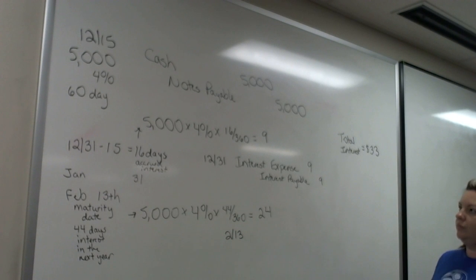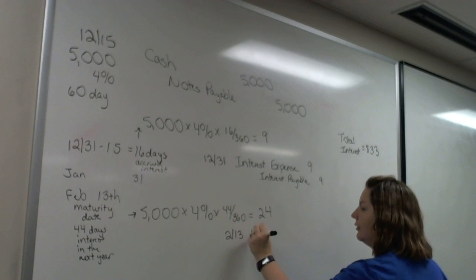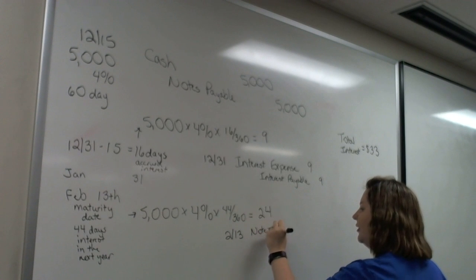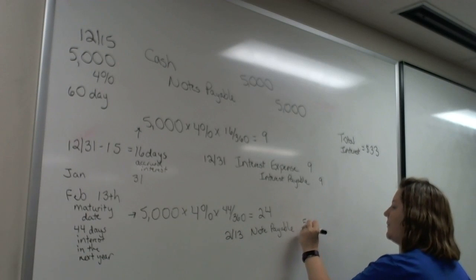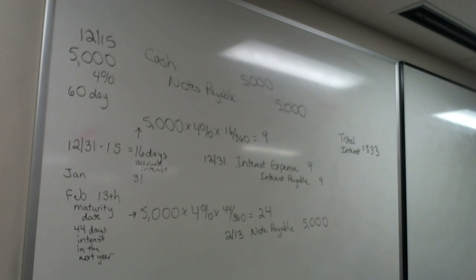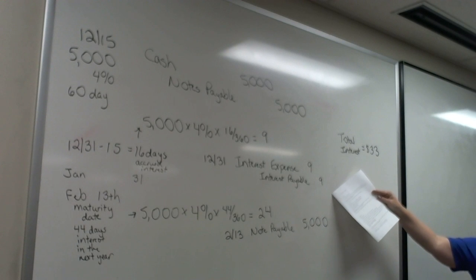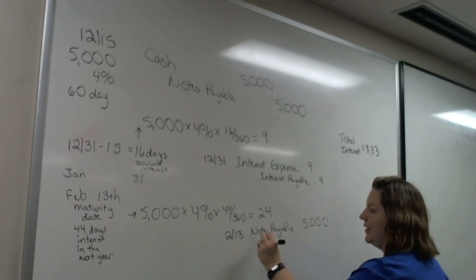Well, we know we're going to debit notes payable for the face value. The note payable, since we're paying it off, gets debited $5,000. We're now paying this interest, right? This $9 of interest. So we debit interest payable.